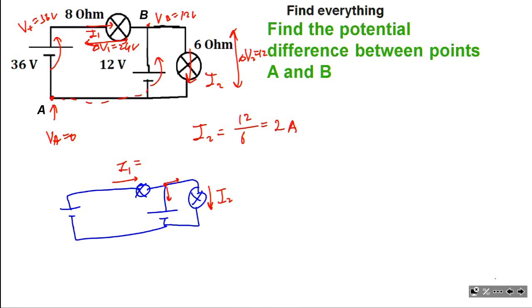If this current was equal to 3 amps and this current is equal to 2 amps, the junction rule tells us that current through the second battery should be equal to 1 amp.